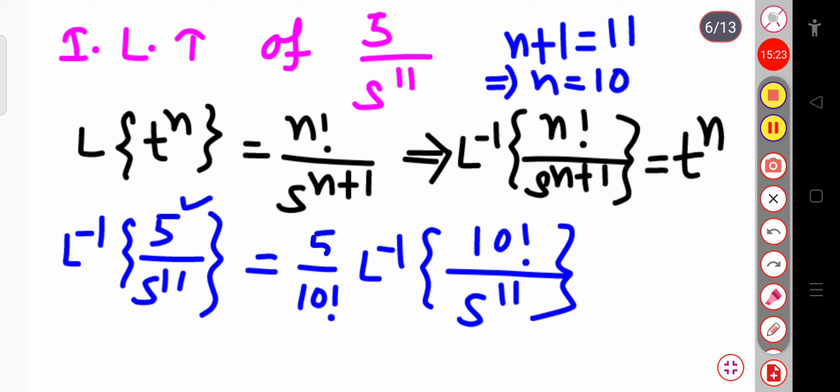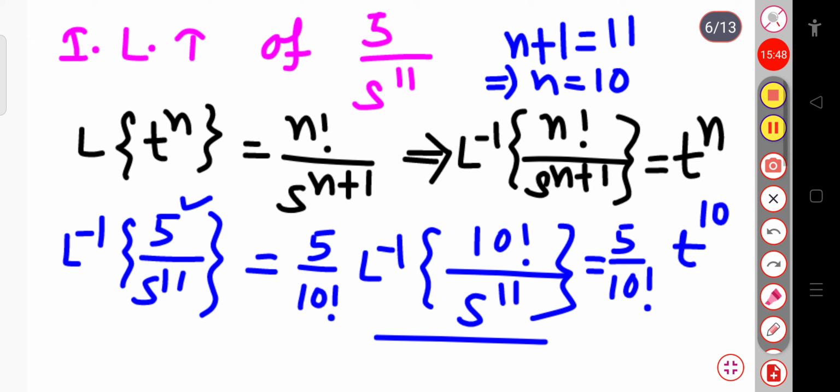So this will be 5 by 10 factorial into L inverse of 10 factorial divided by s power 11. So this will be equal to 5 by 10 factorial, which is outside of the Laplace inverse, and the Laplace inverse of this much will be equal to t power n, and here n is 10.